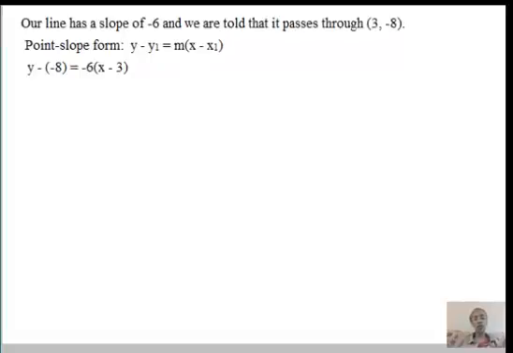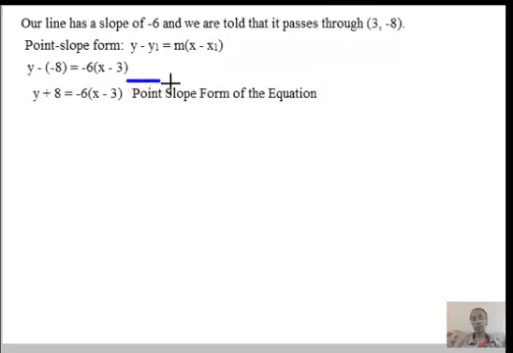So as soon as we get rid of the double negative in y minus -8 and leave the right side as is, we will have the point slope form of the equation. Okay, so this form is one of the things the problem asks for. So that's one of the answers that would be entered in for this question.